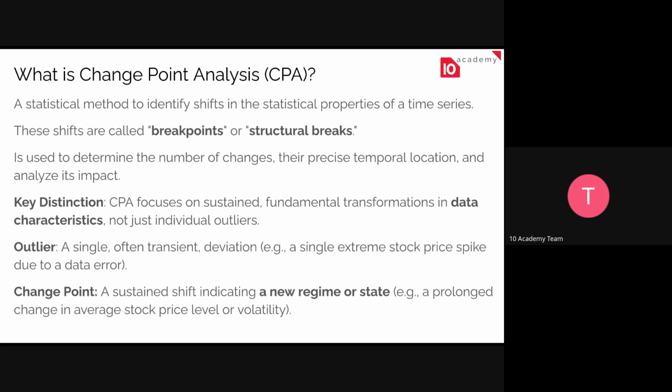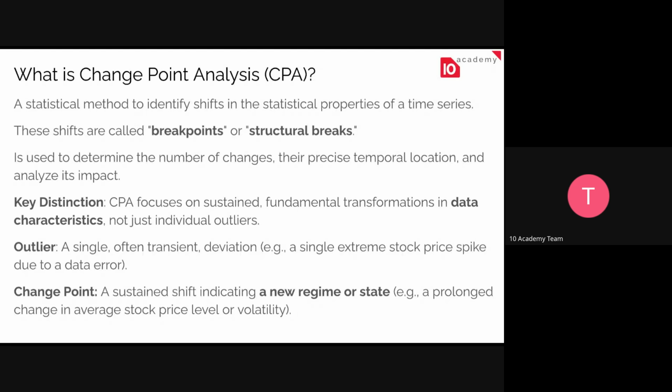It's used to determine the number of changes and their precise temporal location. It doesn't directly analyze the impact, although it does analyze the change, so you can say it analyzes the impact as well.